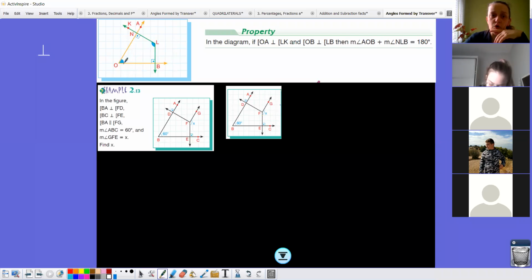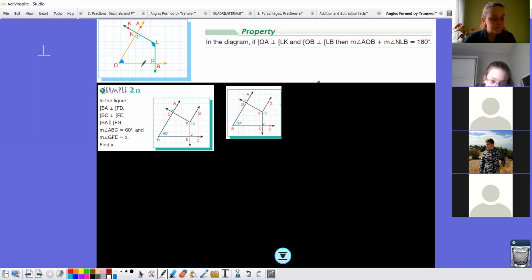It is AOB plus KLB or NLB. Did you understand? So the sum of these opposite angles will be 180 if the other angles are 90 degrees.